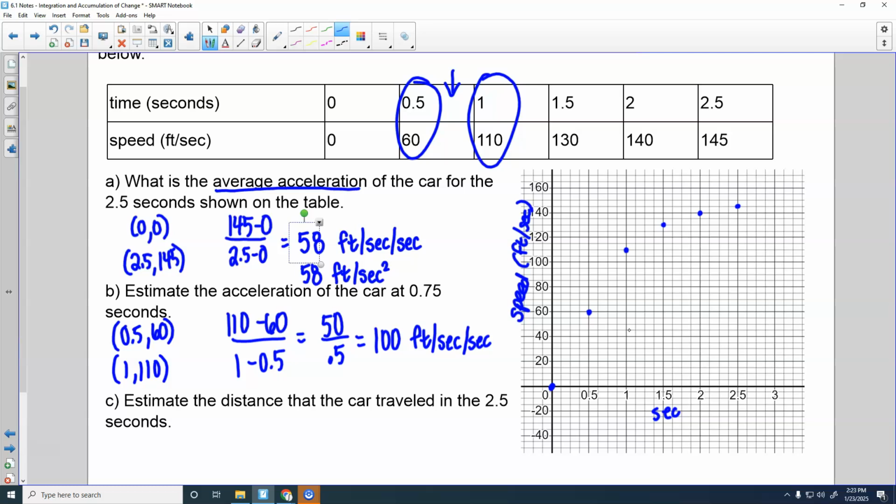right? In fact, if we drew it in, it probably is a smooth curve that looks something like that. Not perfect there, but probably looks something like that. So we would be looking for the area underneath that curve.